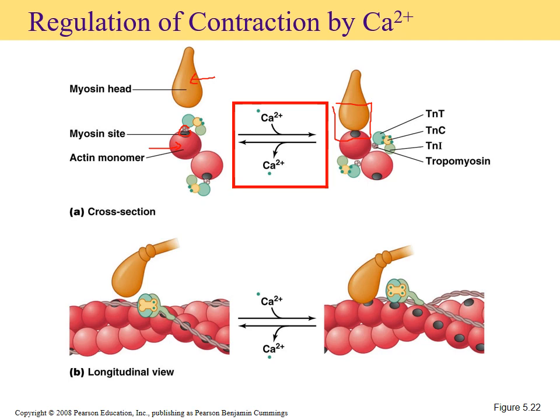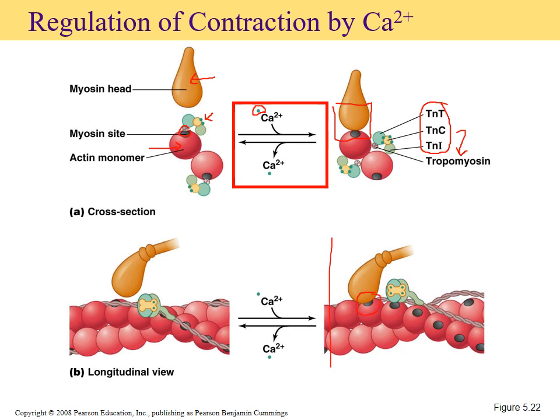Notice how calcium is indicated by these small little green circles. So the minute the calcium binds, it causes the troponin to move the tropomyosin out of the way, thereby allowing for physical contact to occur.